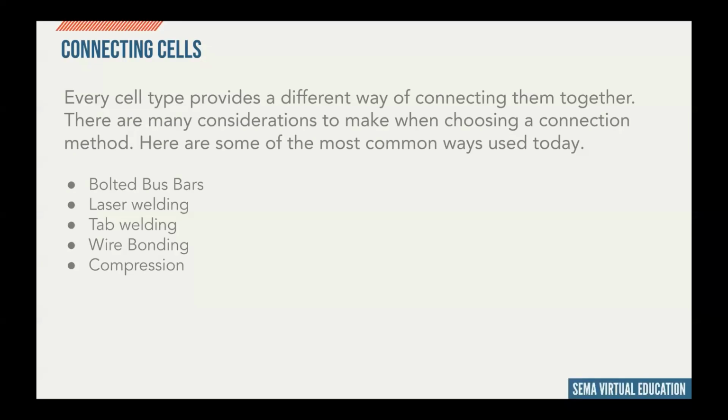Laser welding, which is typically used on pouch cells, welds the pouch cell tabs together. Tab welding is something used on cylindrical cells, as are wire bonding and compression. But tab welding is really good in low volume applications, whereas wire bonding is typically automated and requires some significant equipment to achieve.